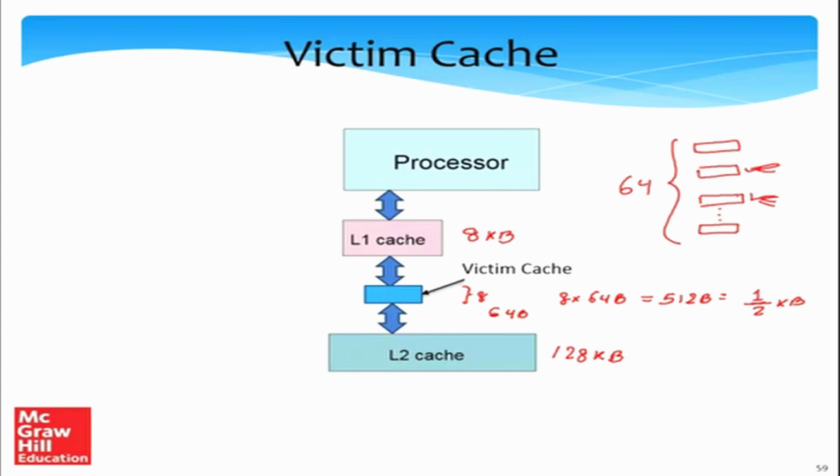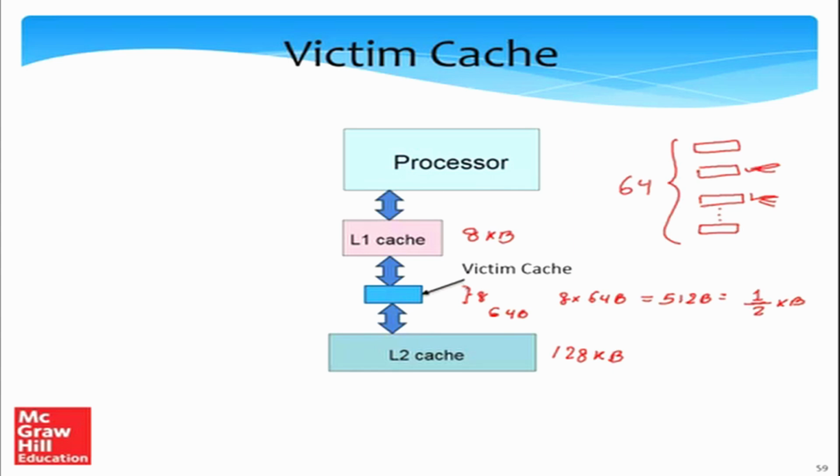Or in other words, for some of the frequently accessed lines that we still have to throw away from our cache because of limited associativity, we'll find another home called the victim cache, which is again a very small and very fast structure. And this will hopefully have an effect which is far higher than what its size would otherwise predict.